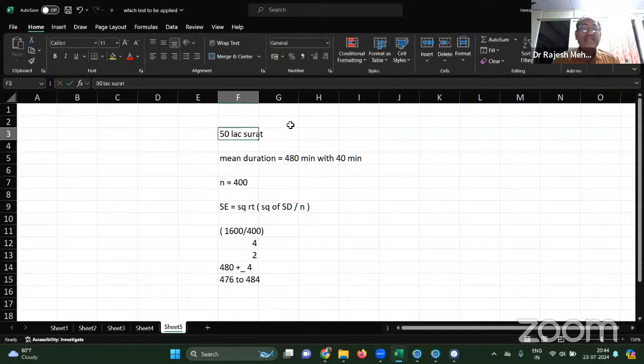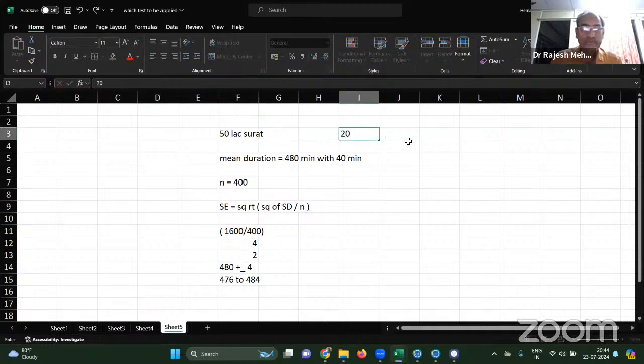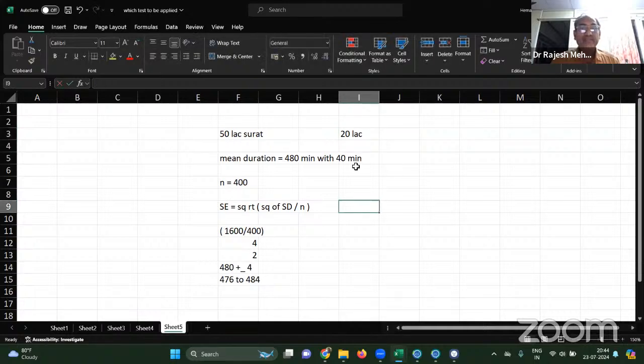Now, instead of 50 lakh, if the population was 20 lakh, do you think the answer will be different? Say yes or no. If instead of 50 lakh we take a 20 lakh population, will standard error differ?